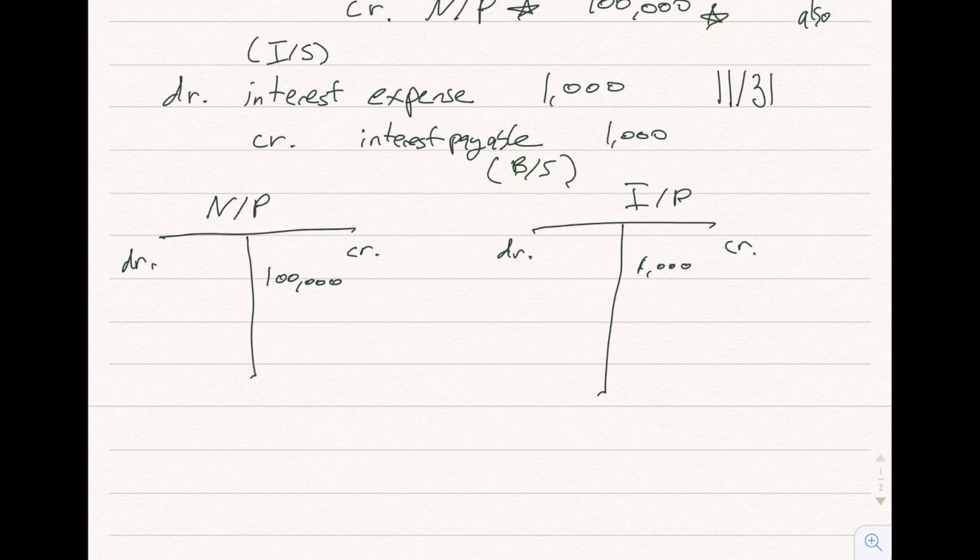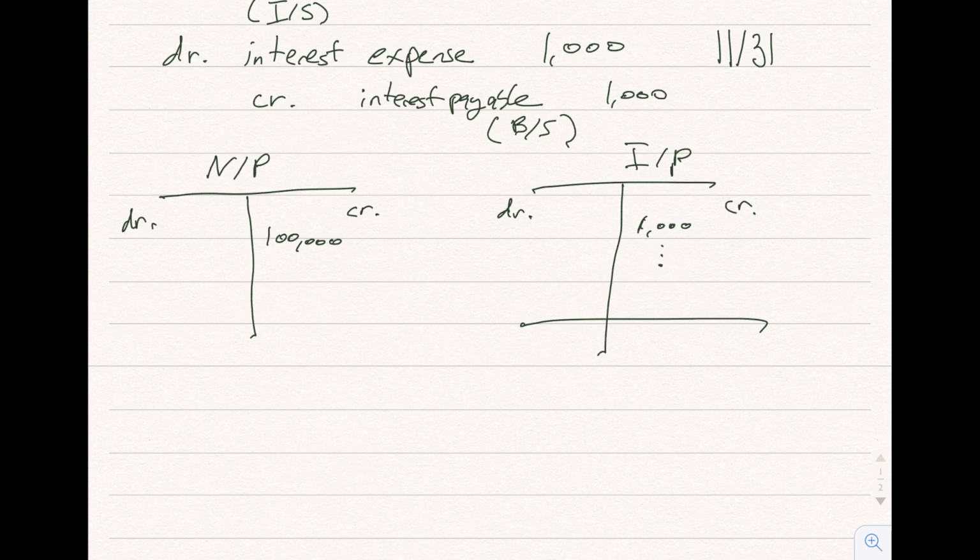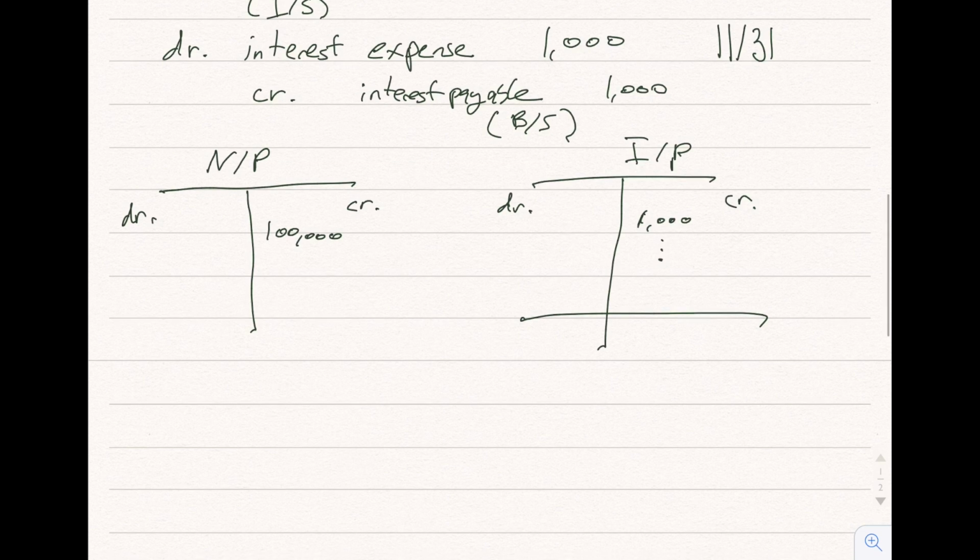Remember, journal entries increase or decrease an account. So you can think of T accounts ultimately as your summary, right? You're going to have a lot of numbers here, and eventually that total is going to be the amount due, and that's what we're building towards here. This is how you would represent it in a T account.